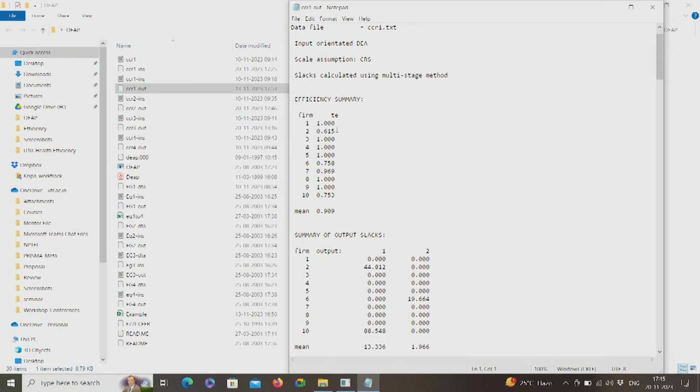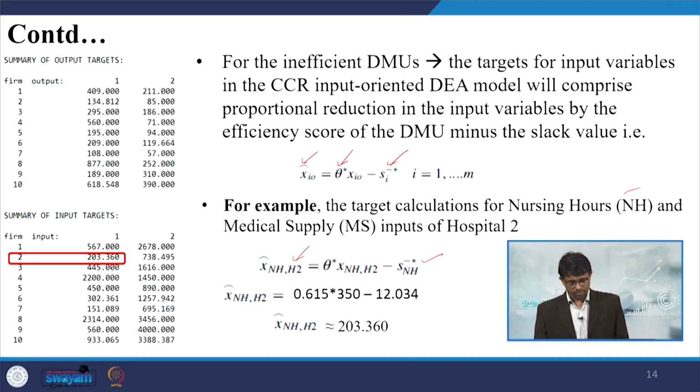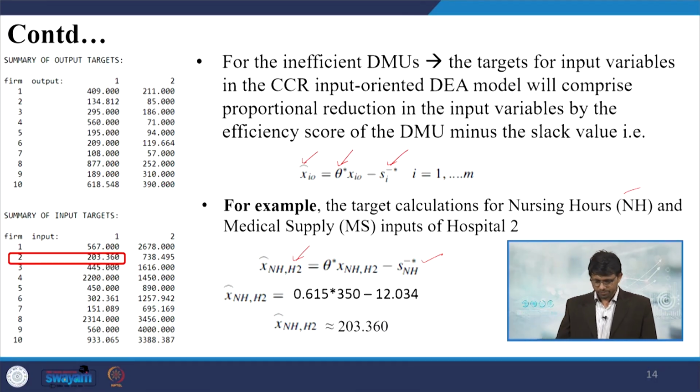So, if you remember, we are using the inputs and the outputs, as we have already discussed the slacks case, in terms of inputs and also outputs. I will just go back slightly and tell you.